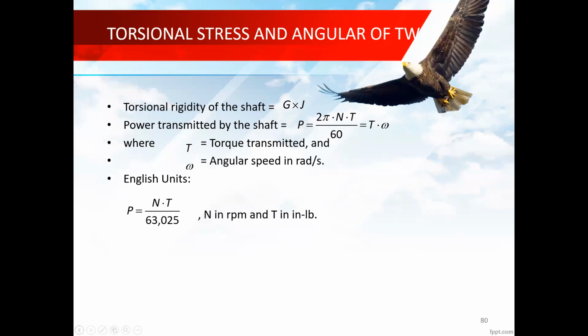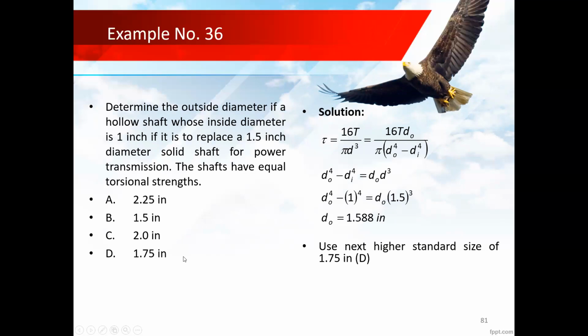Example number 36: determine the outside diameter of a hollow shaft whose inside diameter is 1 inch, if it is to replace a 1.5 inch diameter solid shaft for power transmission, and the shafts have equal torsional strength. So tau is equal to 16T over pi d cube for the solid shaft. For the hollow shaft it is 16T d sub O over pi times d sub O exponent 4 minus d sub I exponent 4.